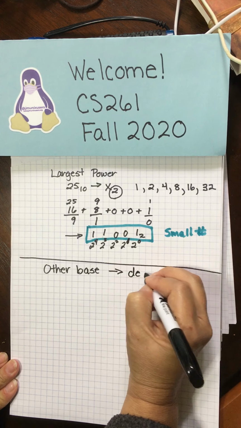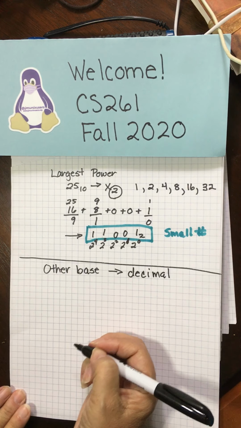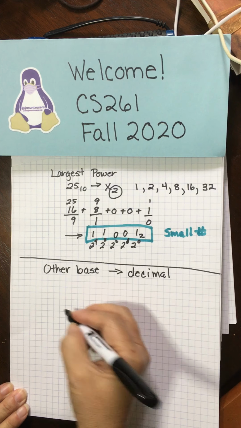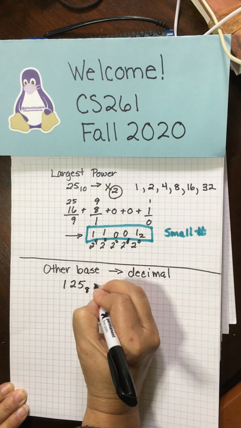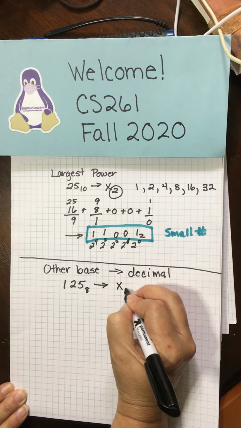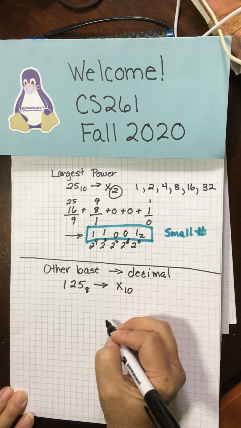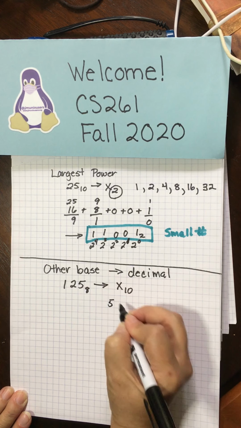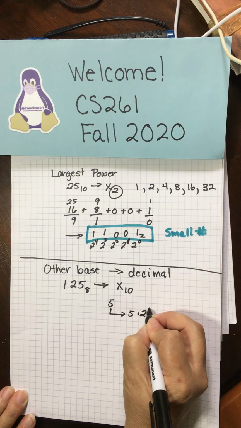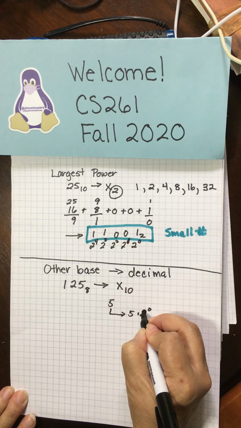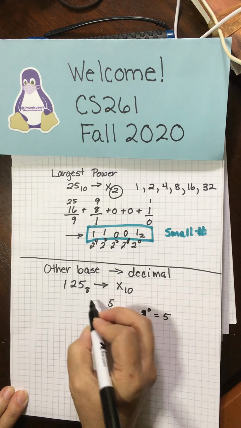to decimal. Well, to do that, I make use of the place value, kind of like we saw up here. So let's do an example of 125 base 8 to some number base 10. Okay, so if we do this, we have to put each number in its place. 5 is going to be 5 times 8 to the 0, which is going to equal 5, right?